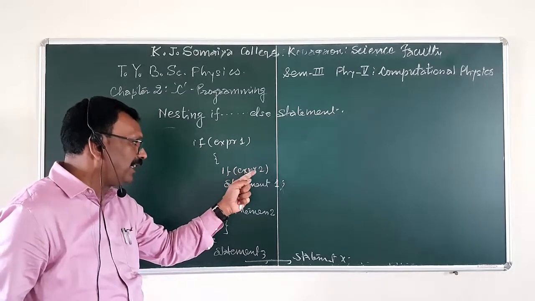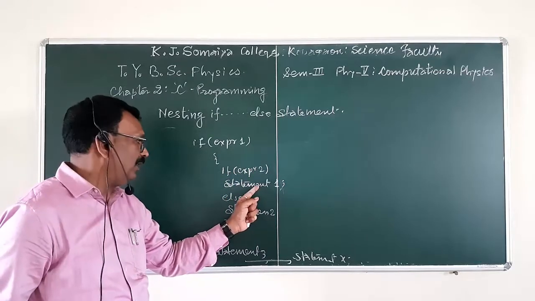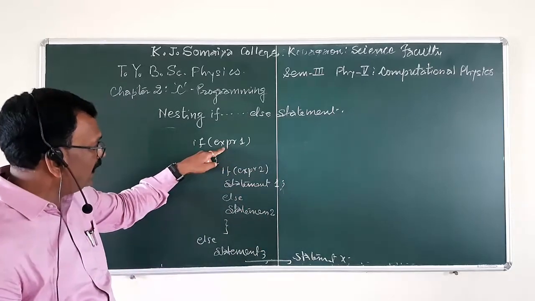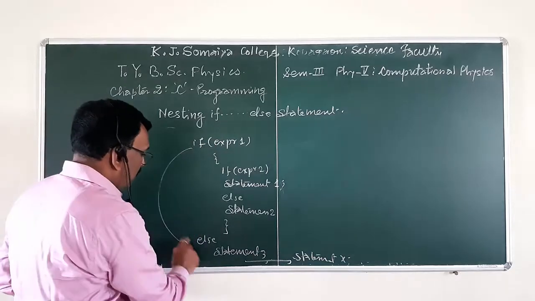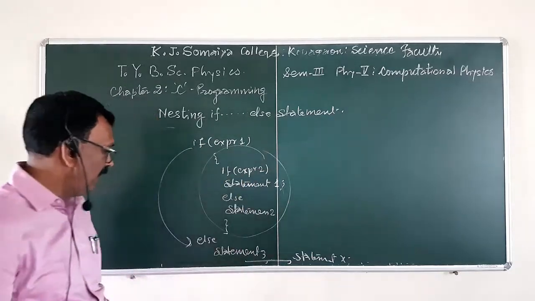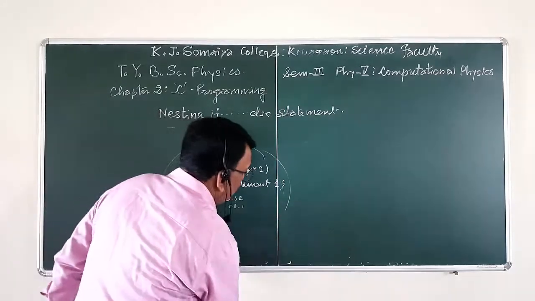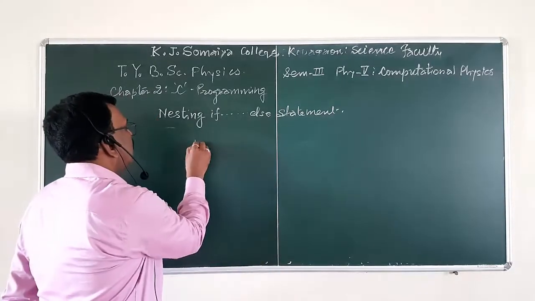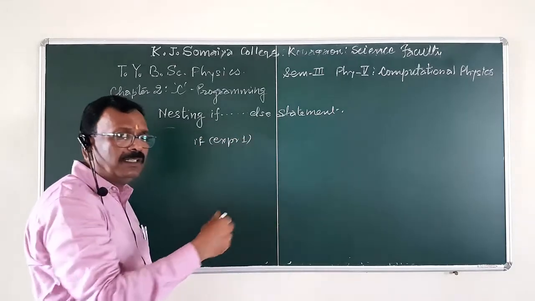If this if statement is true, then statement 1 is executed. Otherwise, statement 2 is executed. And when this condition is false, then control comes to this else statement, because this one is skipped, and statement 3 is executed.